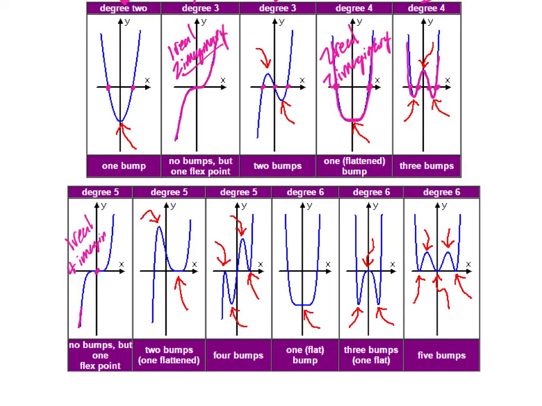Look at degree 5. The bigger the degree, the flatter it goes before the curve starts going up. So if it's degree 7, which we don't have on here, that flat portion would be wider. Degree 9, it would be wider. 11, it would be wider. So that flatter portion just keeps getting wider and wider if we only have one real intercept, okay?